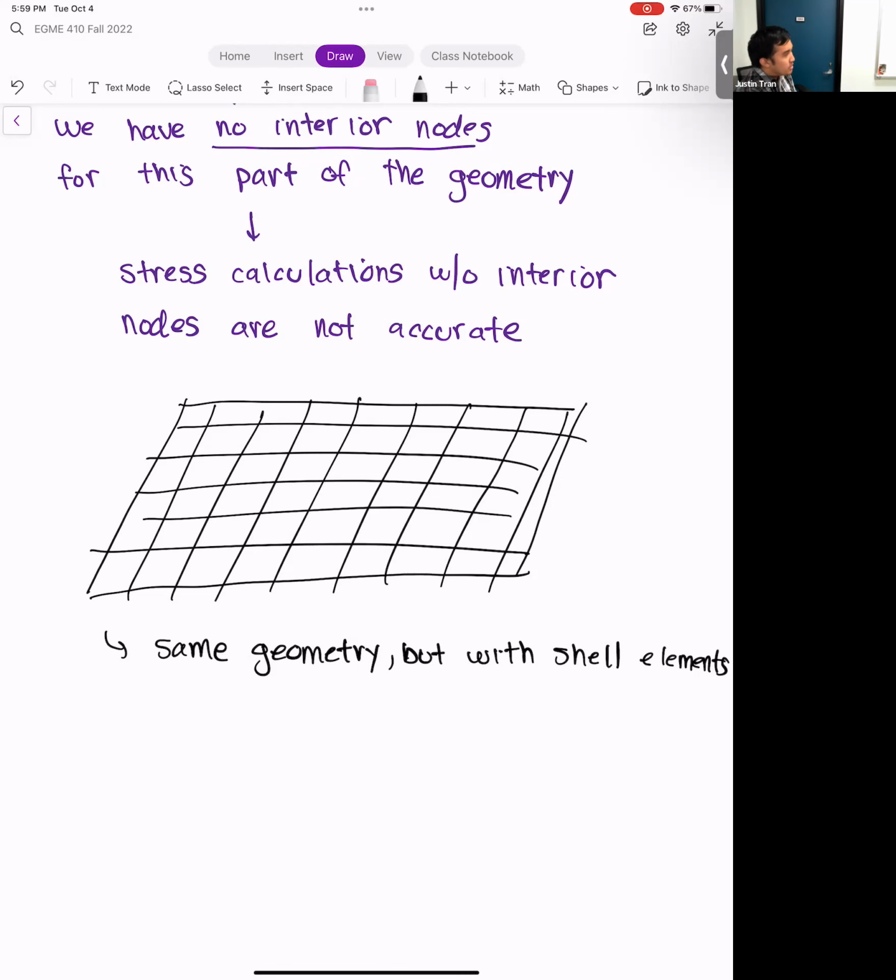So you may be asking, what's the difference? Visually, it looks better. We replace the thin geometry with a 2D object. But how does this actually help us with our stress calculation?